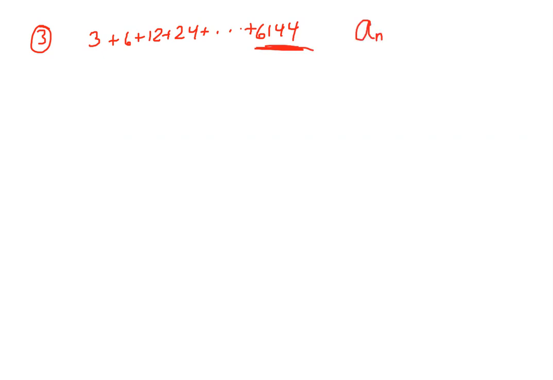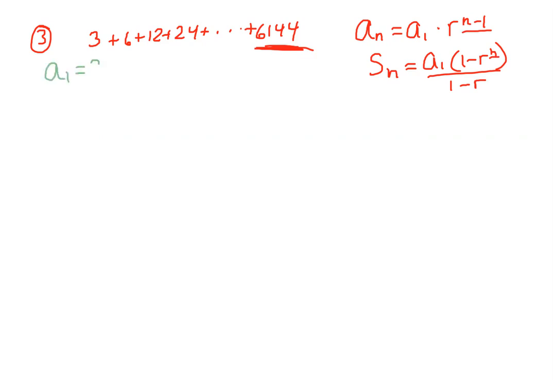Remember that for a sequence, it's this, and for a series, it's this. They're very different, and this one has n minus 1, and this one just has n, so don't get those confused. So we know that a1 is 3, and we know that r is 2, but we don't know what n is.